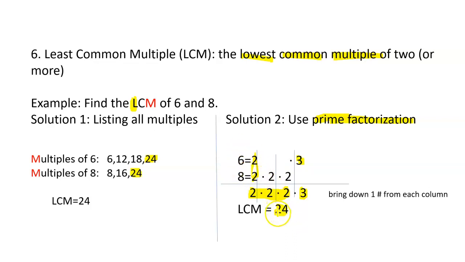And also this is going to be the smallest, because 24 contains all the factors of 6 and 8, but nothing extra. Which guarantees 24 is the smallest common multiple.